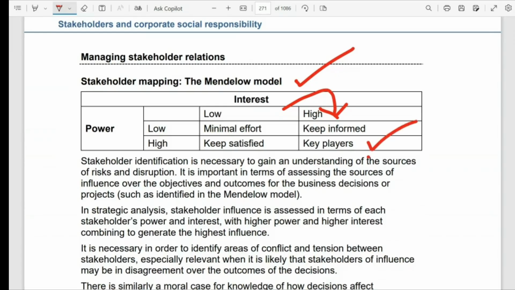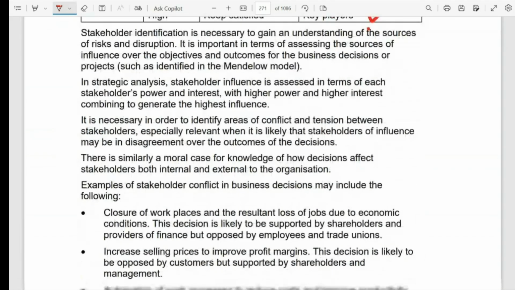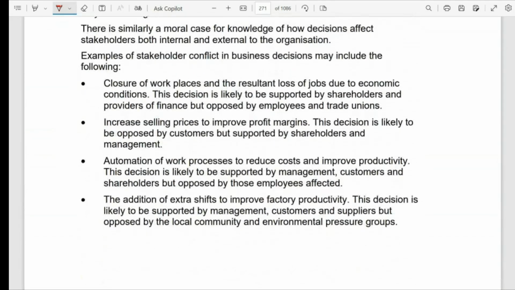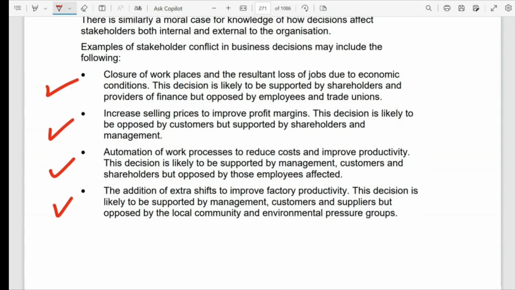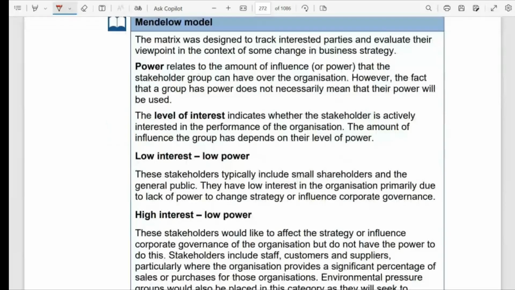So this model has explained this rule and this definition, and you can go through these areas. It will clear your concept about this course of work, automation of process, and how it is happening. And then they explain all these mental models, power models, with the low interest, the low power.